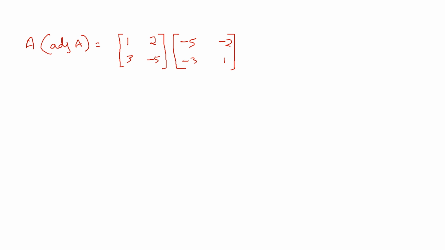So you have to multiply. You are familiar with multiplication. This is a 2 by 2 matrix and this is also a 2 by 2 matrix, so the result is also a 2 by 2 matrix.